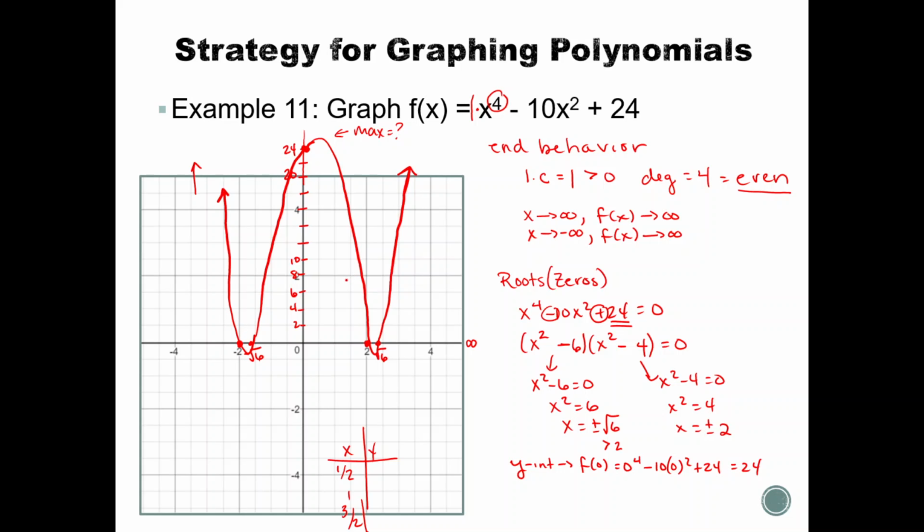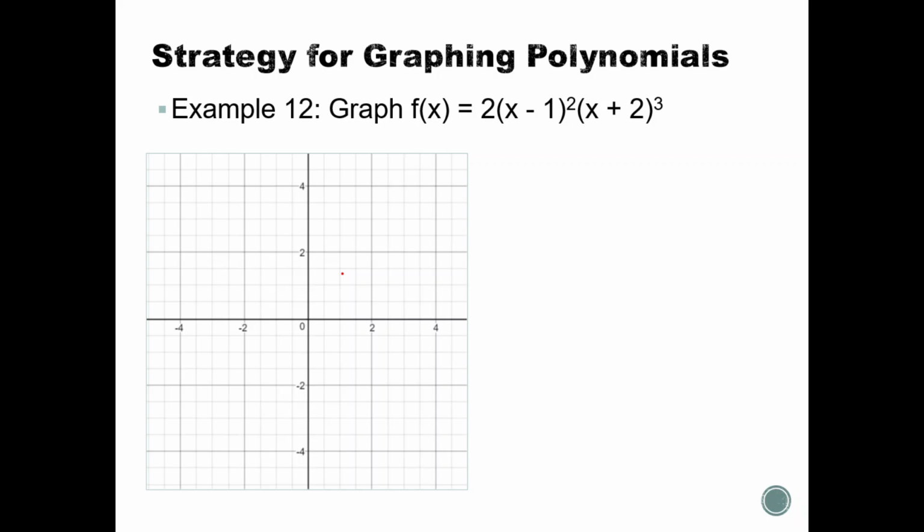So this is just a sketch of the graph, but I do know that it's going the right direction. I know that it's in the right place, and I know my x-intercepts and y-intercepts are all in the right location. So it gives me a pretty good idea of the look of the graph.